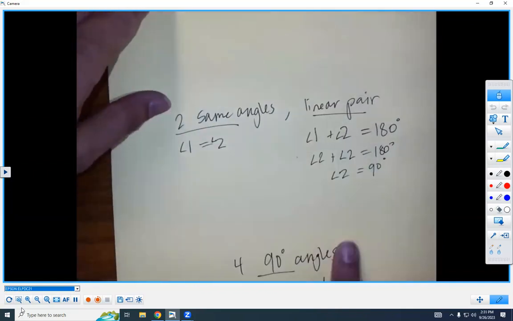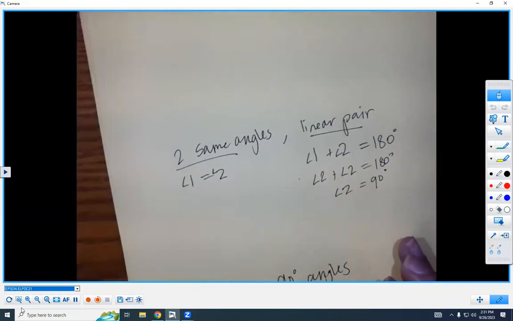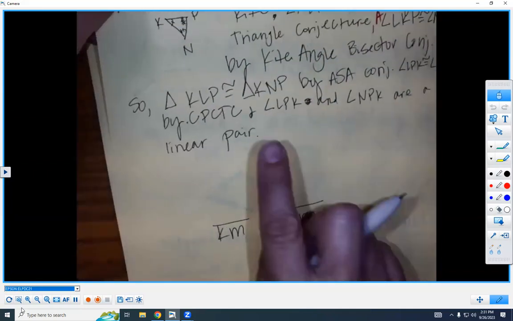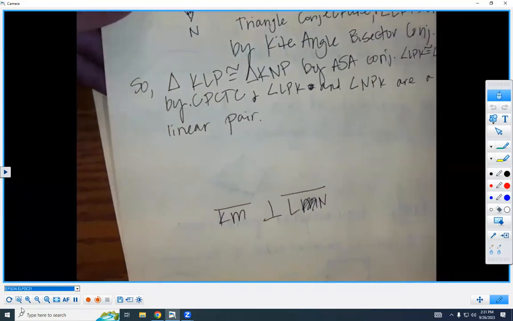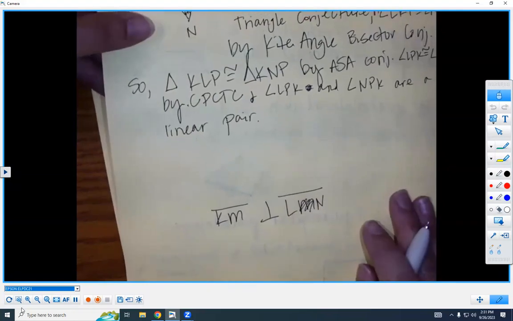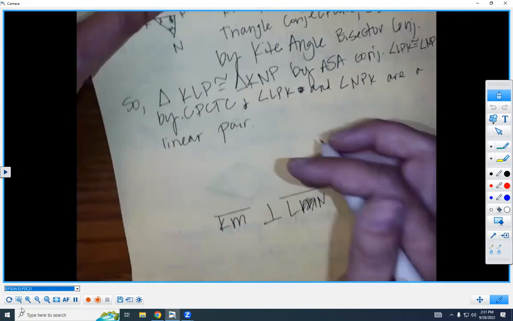If we were saying words, we could say, since they're congruent and add to be 180, then they both have to be 90 degrees. Can you say that? Unless you want to sit here and say substitute in and so on.